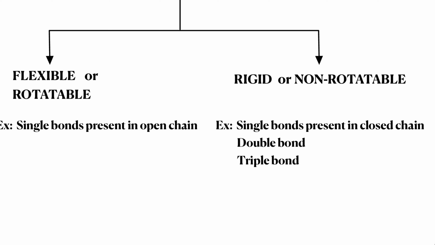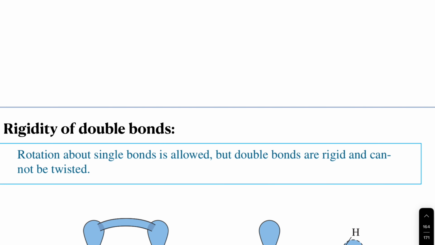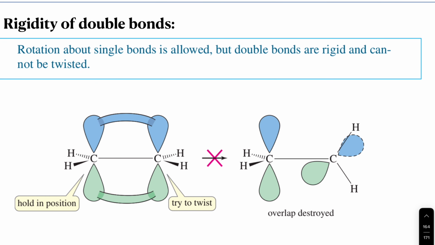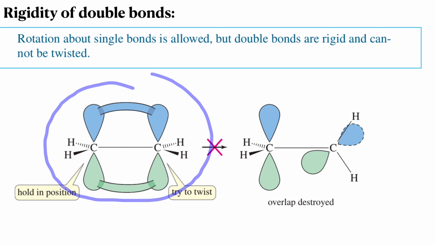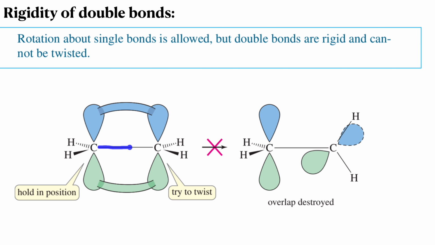Now, let us try to understand why double bonds, triple bonds, and single bonds present in closed chain are rigid or non-rotatable bonds. Most importantly, let us take the rigidity of double bonds, for example the ethene molecule. Here this is the internuclear axis.